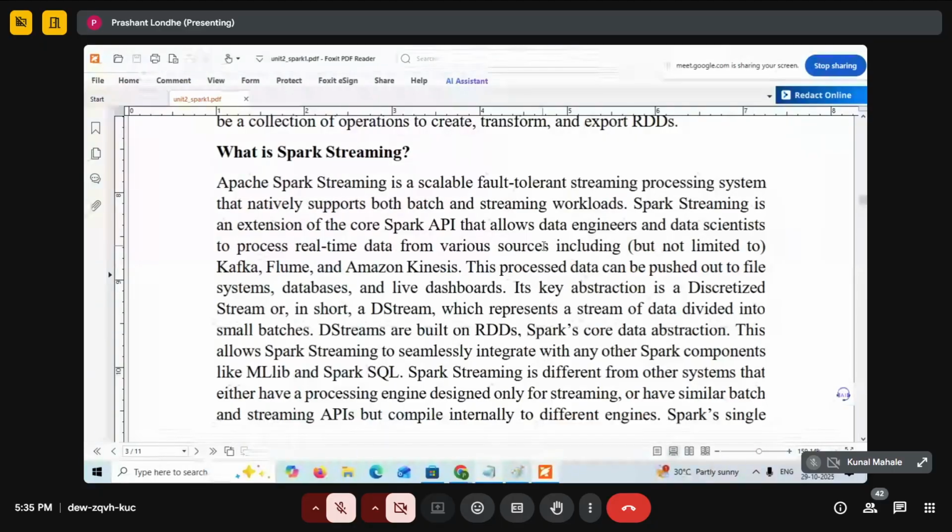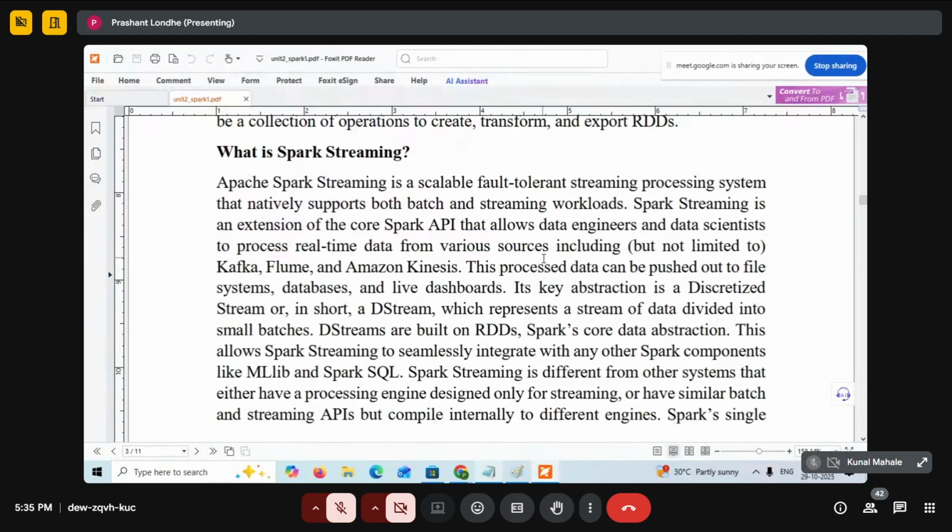But if the data is fully continuous, we don't have any kind of break. So you have to break that particular data into shorter or smaller batches. This is known as a discretized stream, or in other words, we call it a DStream. We collect the data from different types of online sources like Kafka, Flume, Amazon Kinesis, various sources.